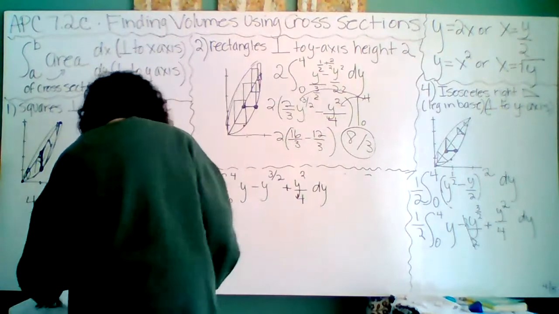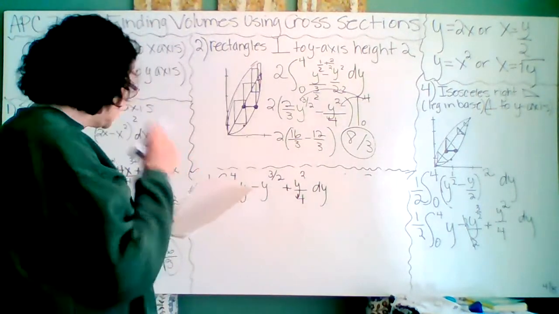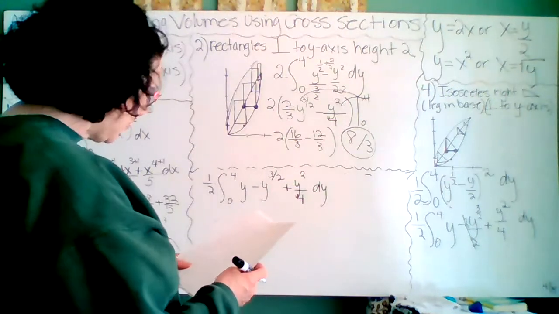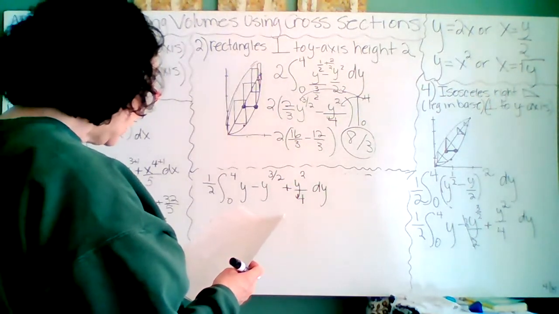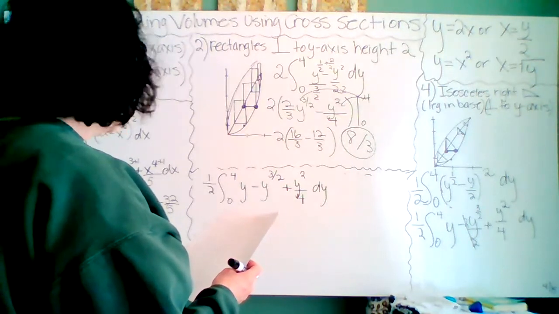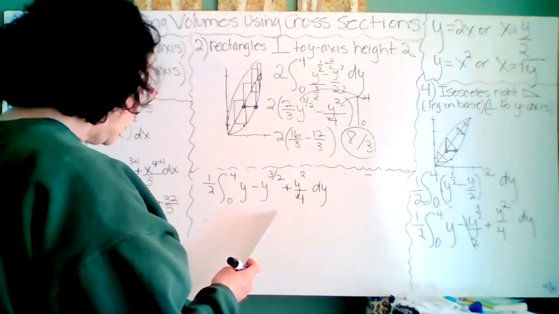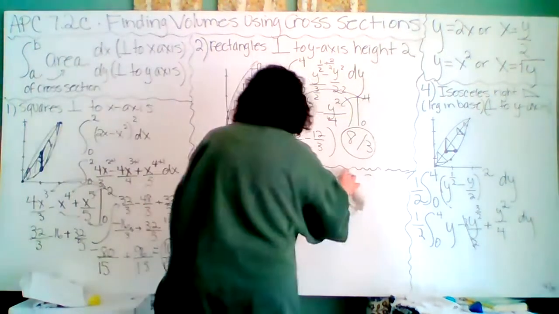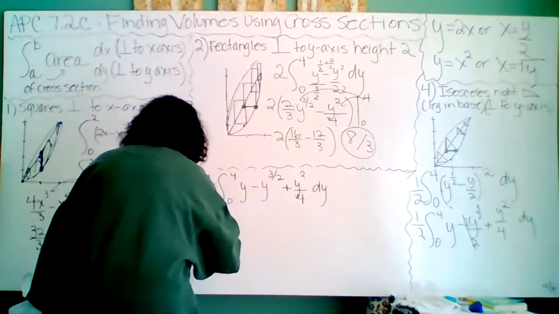Again, because there are so many details, if you don't mind, I'm just going to check, make sure that I'm doing okay so far. So I have y minus y to the 3/2, was doing well. Okay, let's go ahead and integrate and I'll check it again.